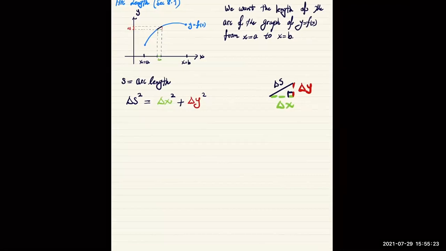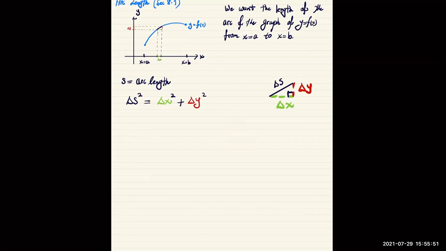Okay, so what you do next is I need to somehow introduce the derivative. If you pay close attention here, we have a delta y and a delta x. That has got to do with the derivative, doesn't it? The derivative of a function is delta y over delta x, right?